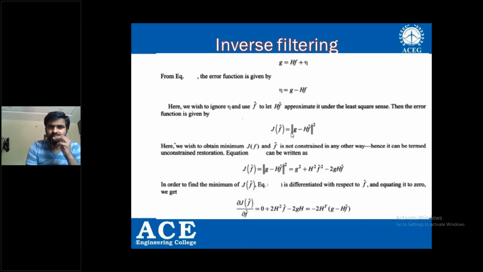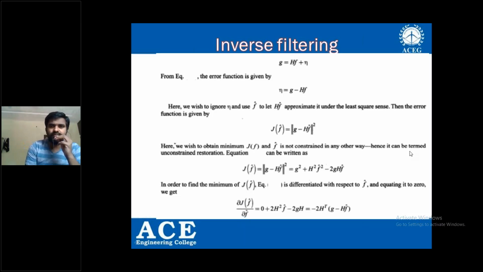How do you minimize this for finding F cap? I repeat, by minimizing this least square error, we are targeting the estimate, that is F cap. So what should be minimized here? J of F cap must be minimized. For minimization, you know the basic procedure: you have to find the differentiation of that particular function and make it equal to 0.